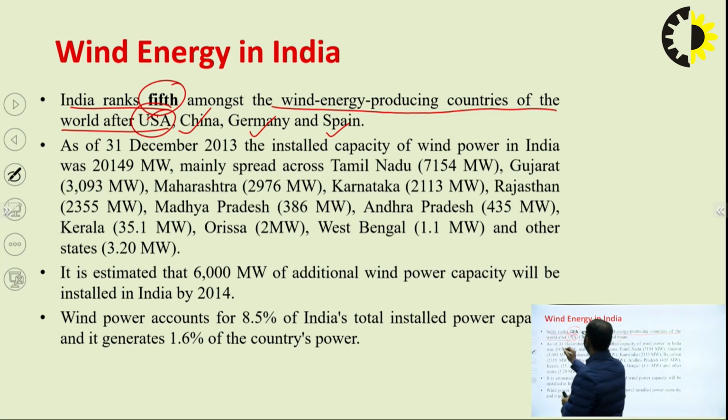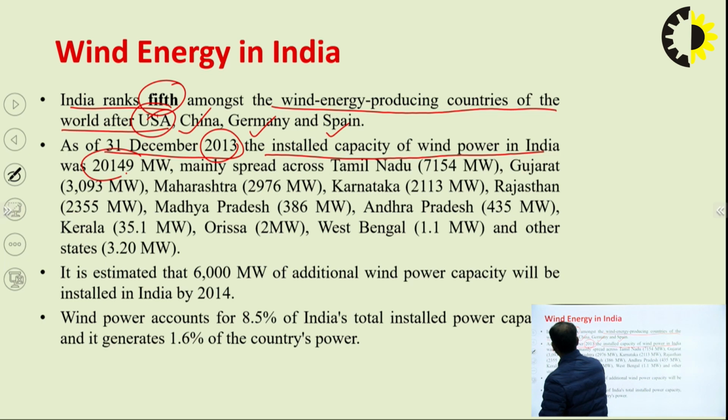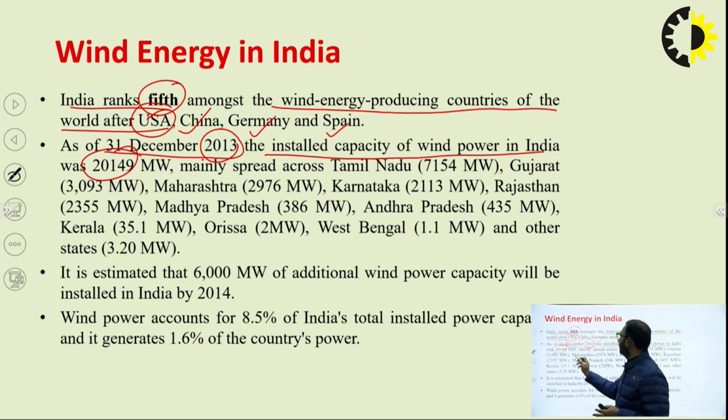As of 31st December 2013, the installed capacity of wind power in India was 20,149 megawatt.